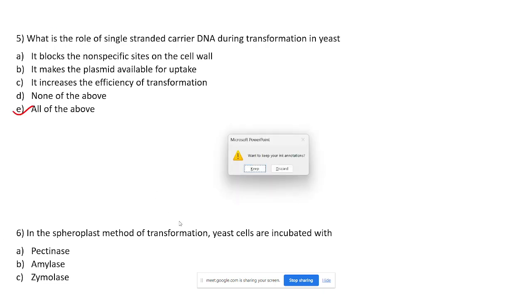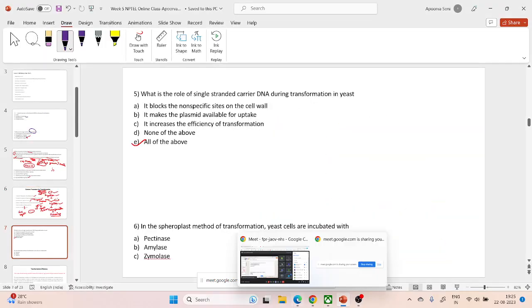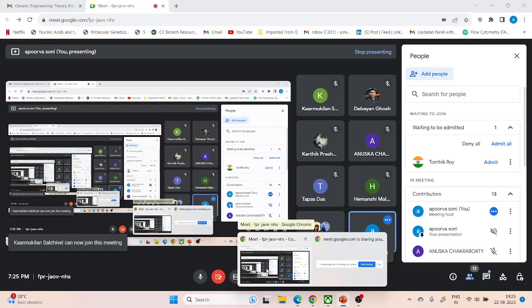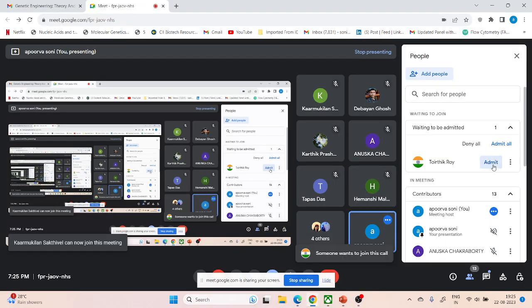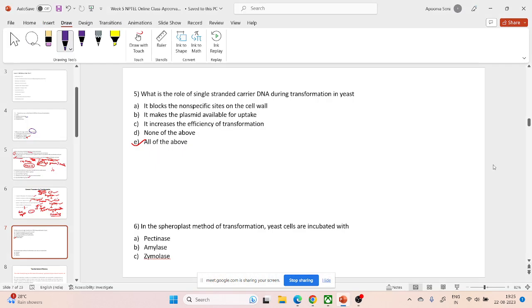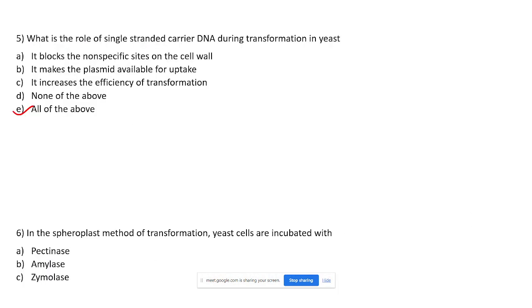In the spheroplast method of transformation, yeast cells are incubated with pectinase, amylase, or zymolase.